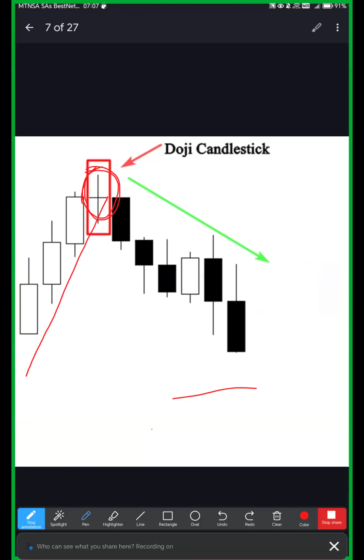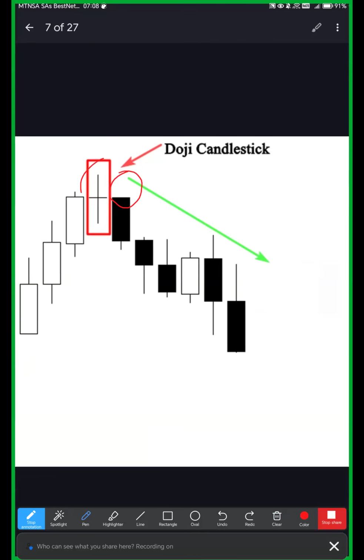When a doji appears, you can see that there is indecision, because here it does not tell you whether the market is going to continue going up or whether it will go down. It will only be clear after this session has closed. Sometimes you will see a couple of dojis on top here.